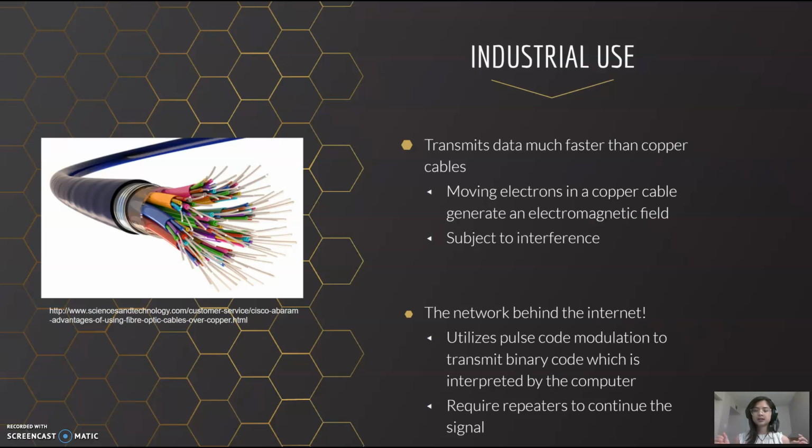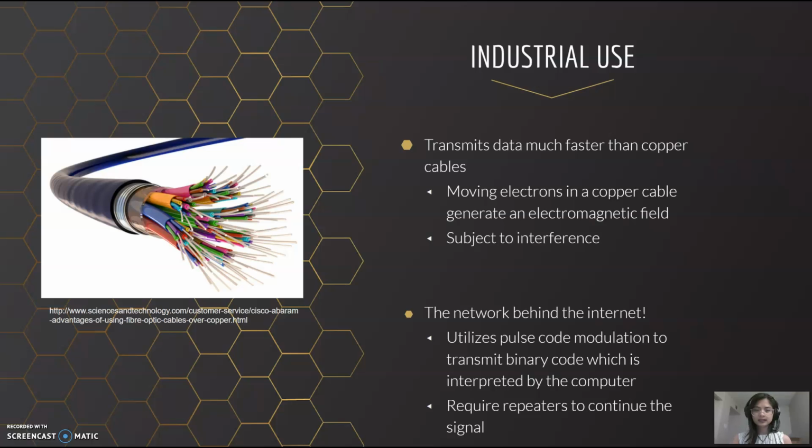Using light, we can transmit signals and translate them to a binary code, which is interpreted by the computer to create things such as the video you're seeing here, or websites, and all different kinds of stuff.